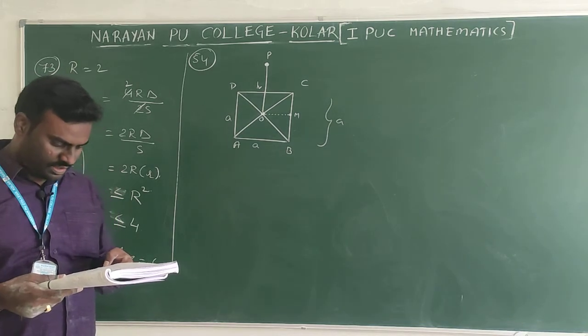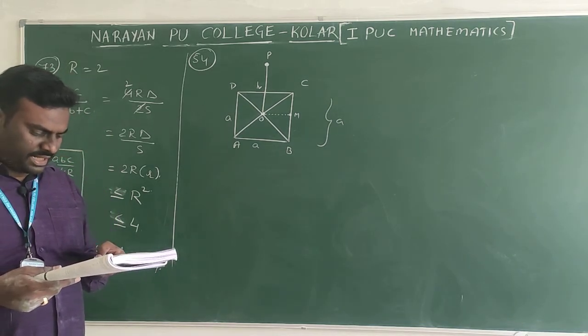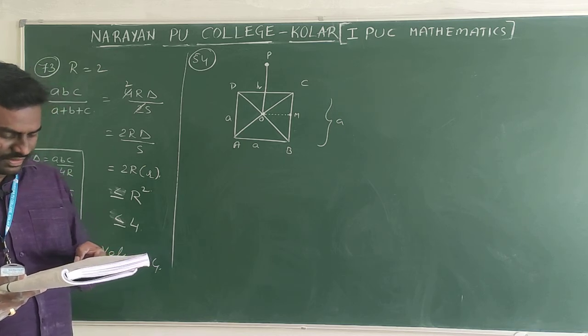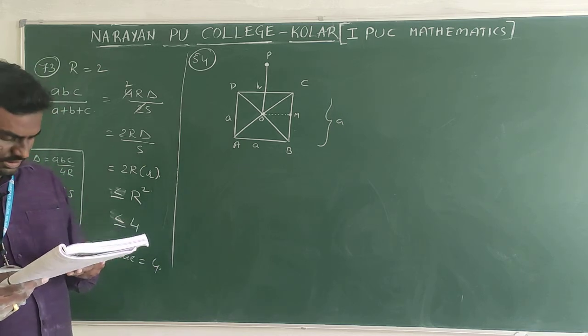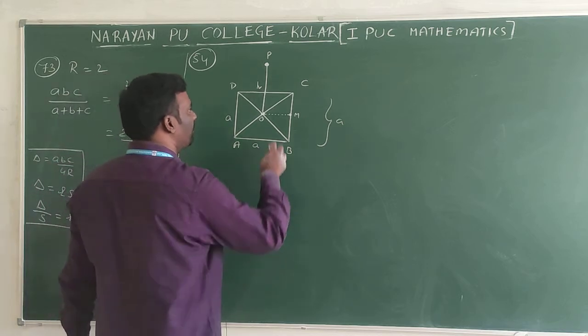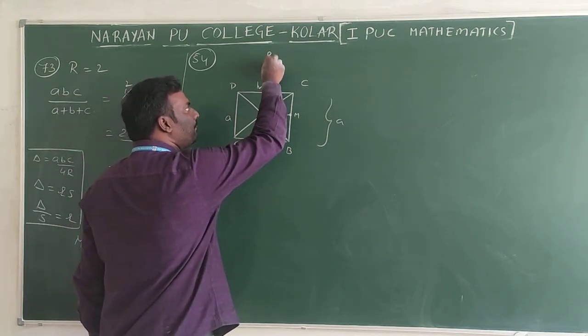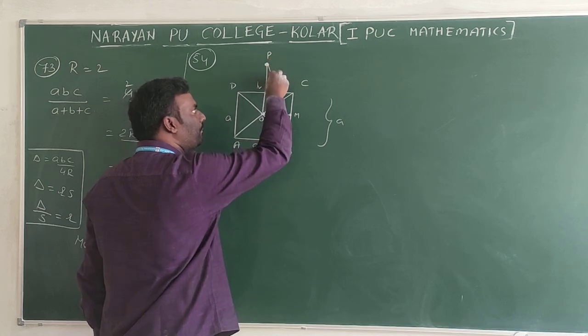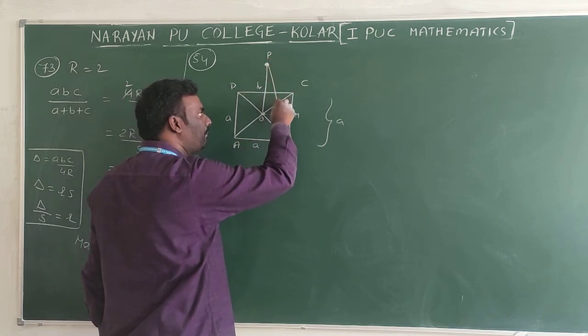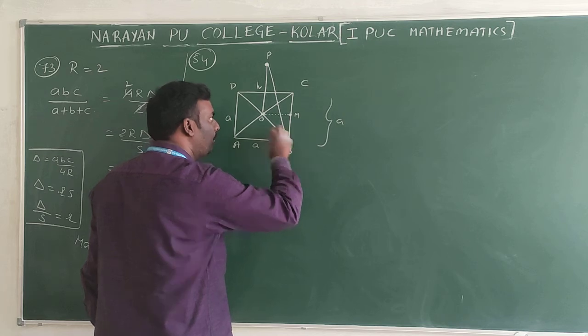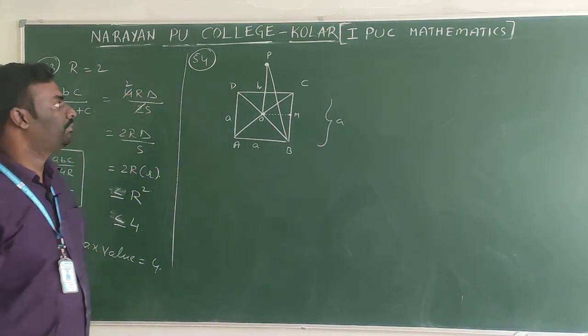Each side of a square subtends an angle of 60 degrees at the top of a tower. Then we need to find the relation between h and a. First, from P, join this.